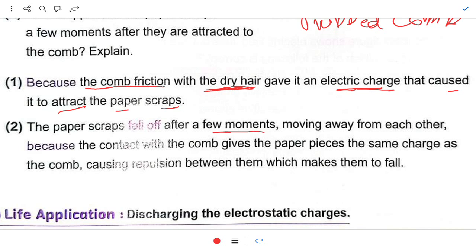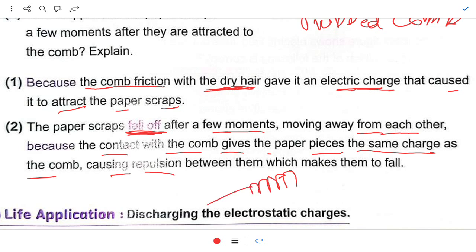It will not stay attached to the comb all the time. No, it will fall off from the comb, moving away, because the contact with the comb gives the paper pieces the same charge as the comb, causing a repulsion between them, which makes them fall. Let's explain that.